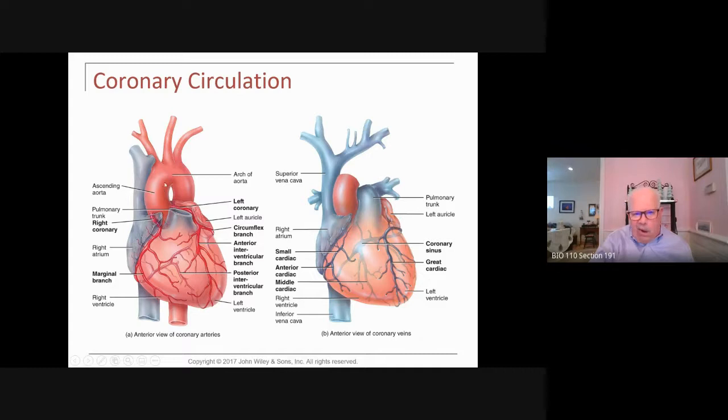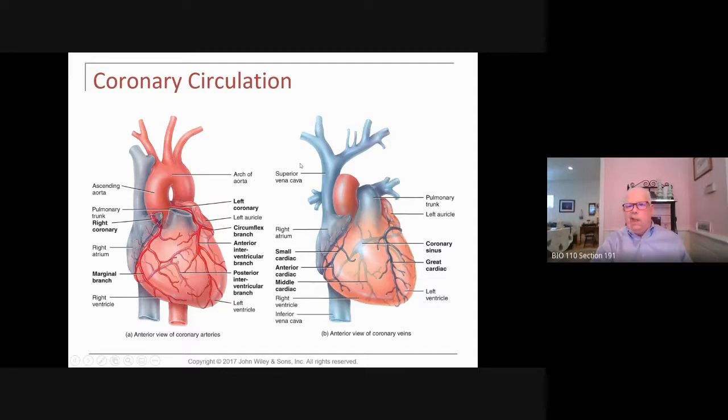And then there's an arch, and the arch goes down into the descending aorta. Here is the descending aorta. All right? And this is where the oxygenated blood goes into the lower part of the body.